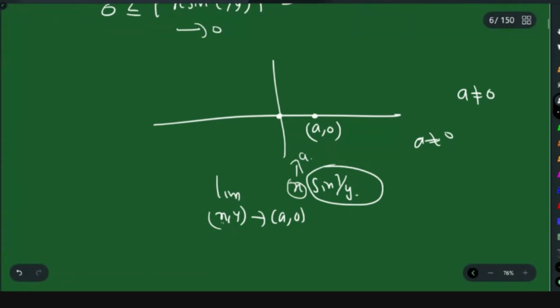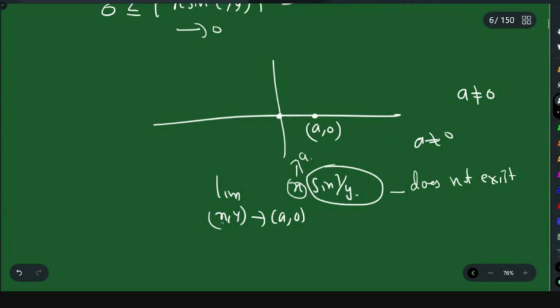But what happens to sine 1 by y as y tends to 0? Does the limit exist or not? It does not exist. So the limit as (x, y) tends to (a, 0) of x sine 1 by y does not exist.